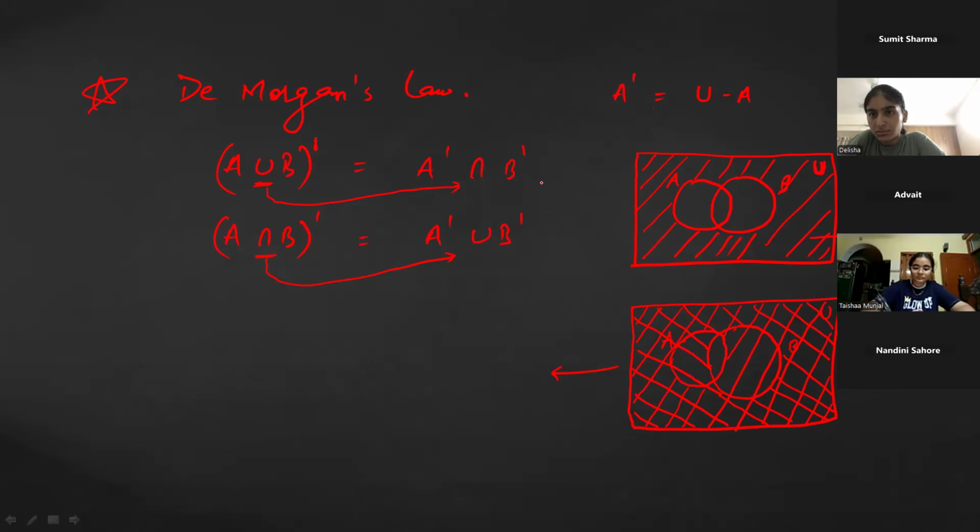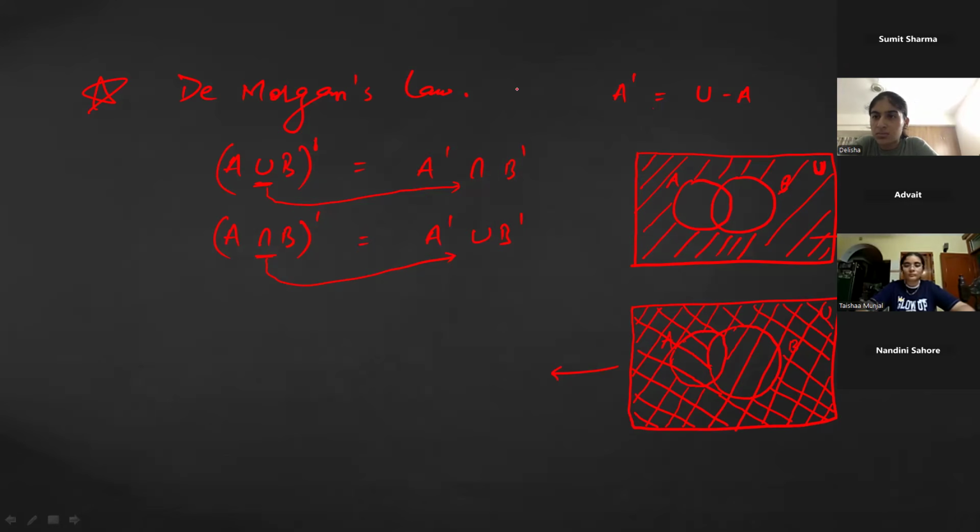So you can see that some of the parts are double shaded, some of the parts are single shaded, and some of the part has no shading there, right? So intersection means which is common, and the common part is the one where we have double shading.